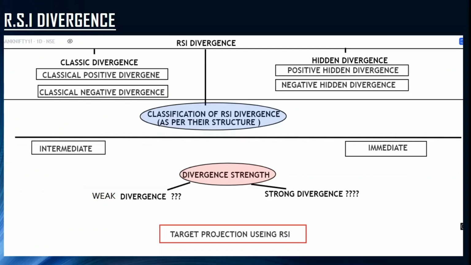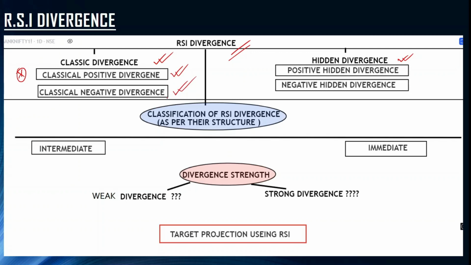Now it's fine. In my last video I classified RSI divergence, but here I repeat it once again. RSI divergence is basically of two types: classical divergence and hidden divergence. Classical divergence is of two types: classical positive divergence, which we already know about, and classical negative divergence.